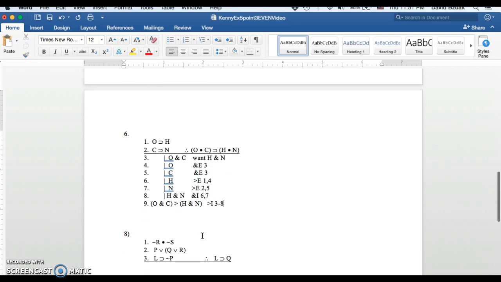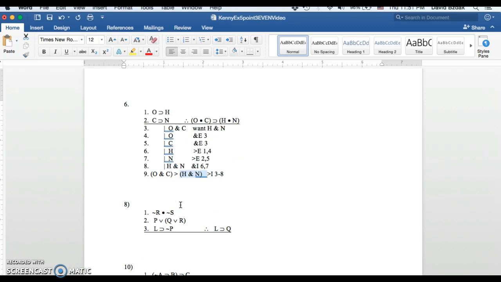So again, notice the structure here is always the same. Assume the antecedent, derive the consequent, gives you the conditional. So the first line of the subderivation should always be the antecedent of the conditional that you're proving. And the last line of the subderivation should always be the consequent of the conditional you're proving.